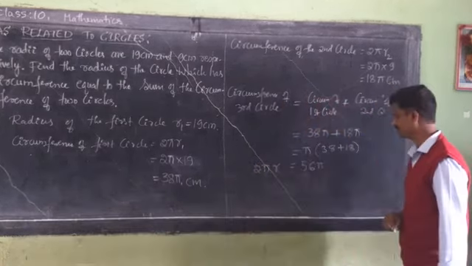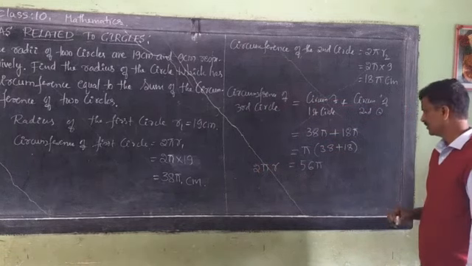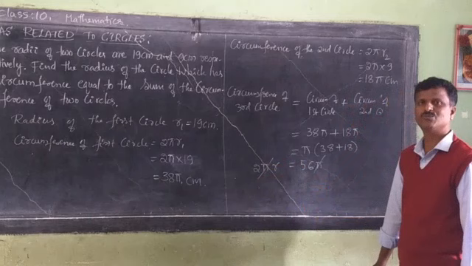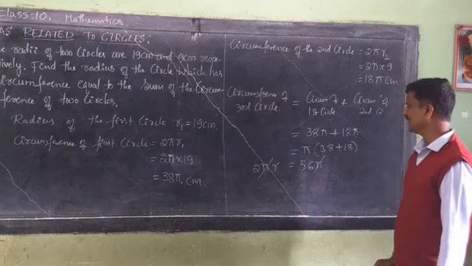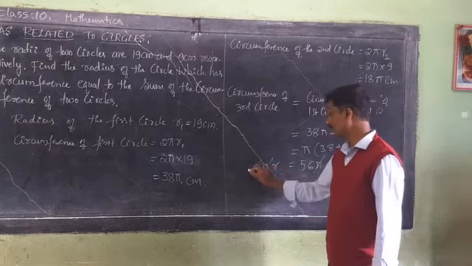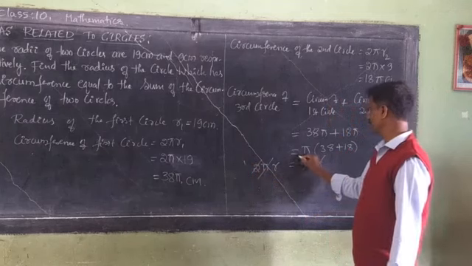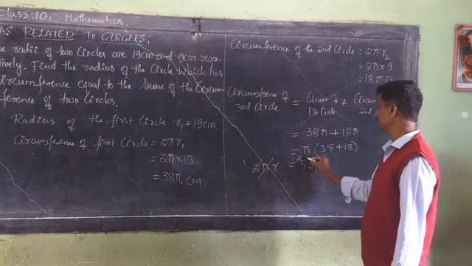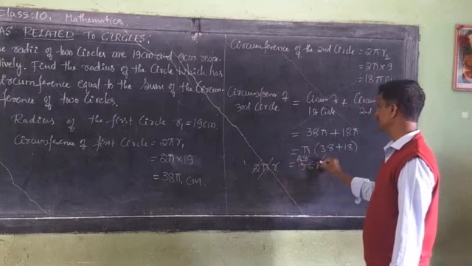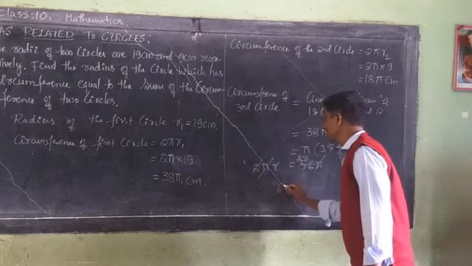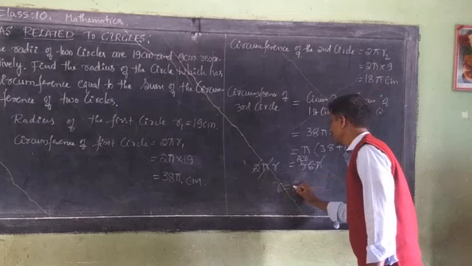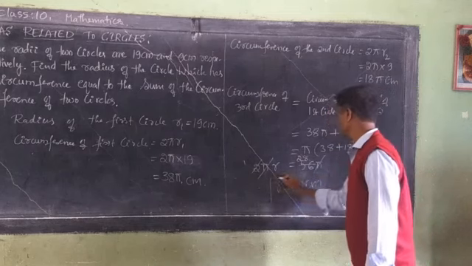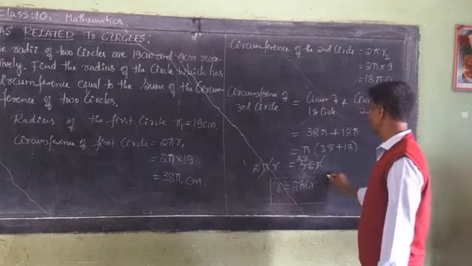Now, we cancel pi on both sides. 2 r equals 56, so r is 28. Therefore, the radius of the third circle is 28 centimeter.